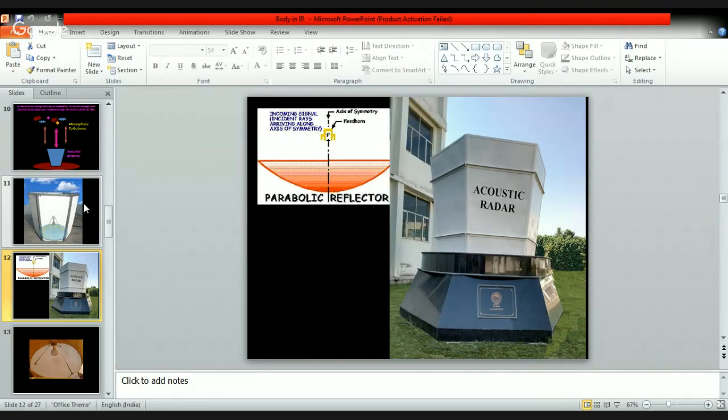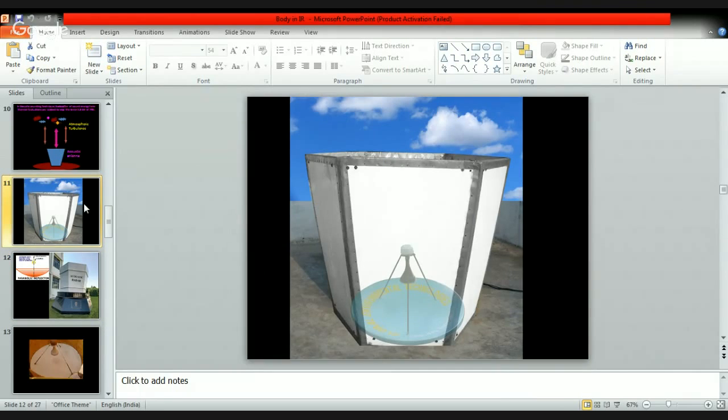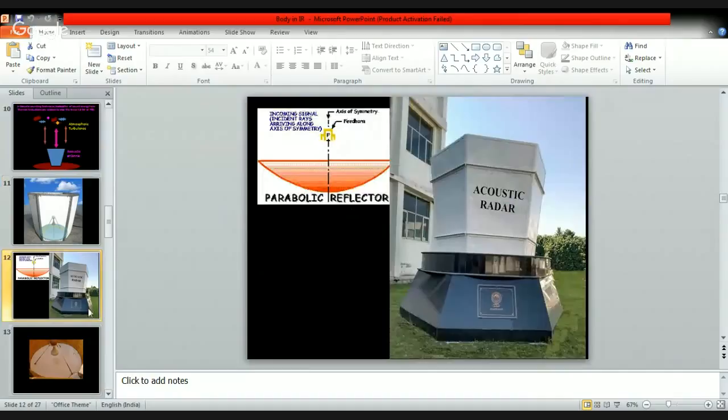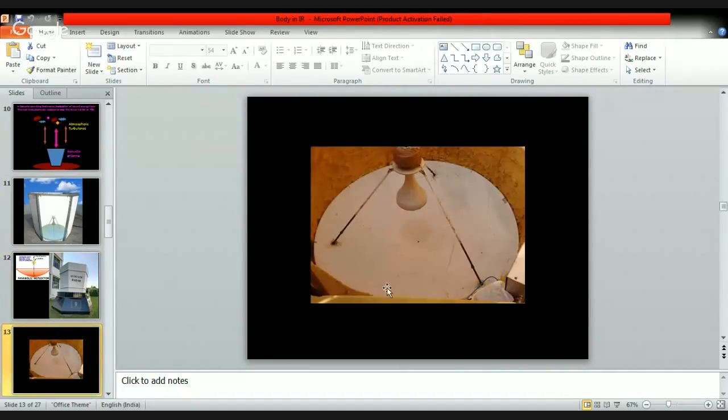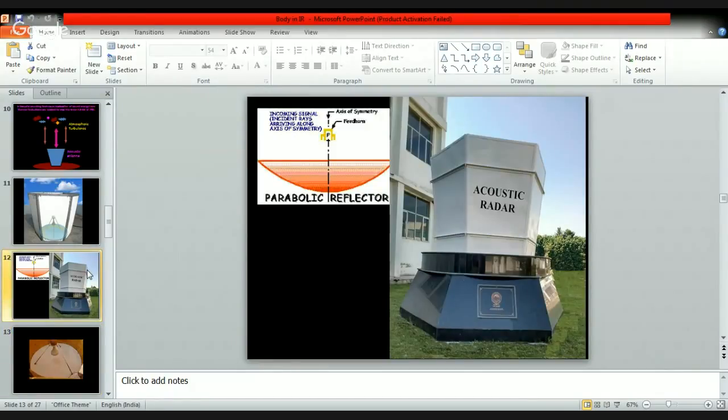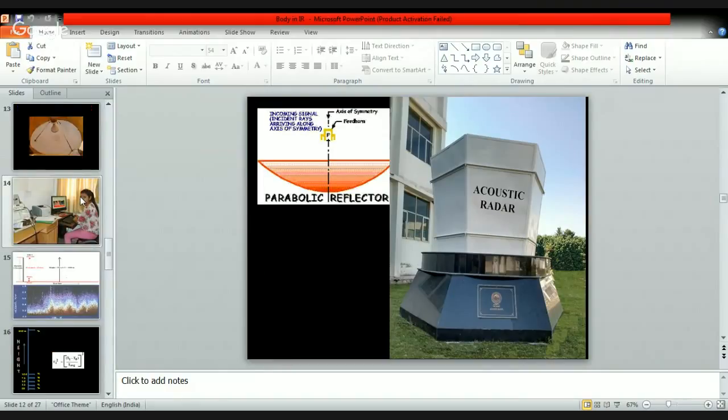The antenna is sitting inside like this, and in that we have pasted 4-inch thick foam, so that whenever we are transmitting the signal, we are transmitting right in the vertical direction. My air is right up to several kilometers above the antenna. I don't want my energy to go in this direction or in that direction, so that there will be reflections. That part I don't want. So we transmit and then receive.